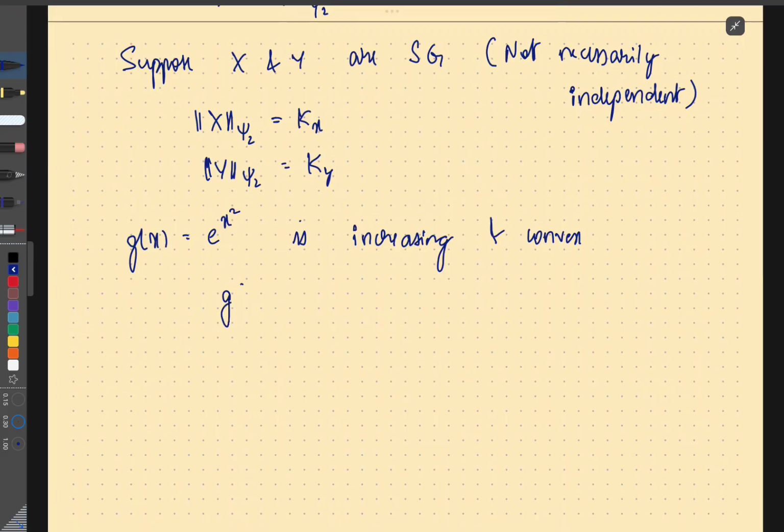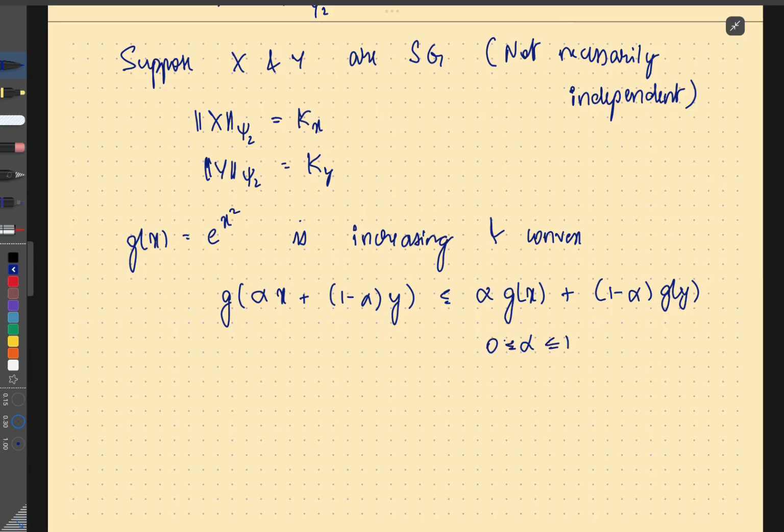I just need the fact that g of alpha x plus 1 minus alpha y is less than or equal to alpha g of x plus 1 minus alpha g of y for any alpha between 0 and 1. These are all the tools that I need in order to prove the triangle inequality.